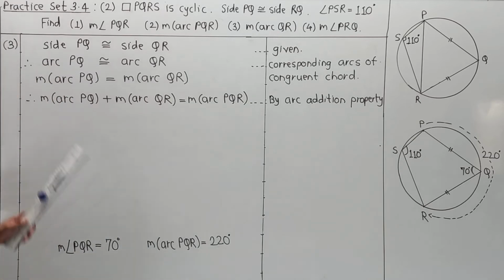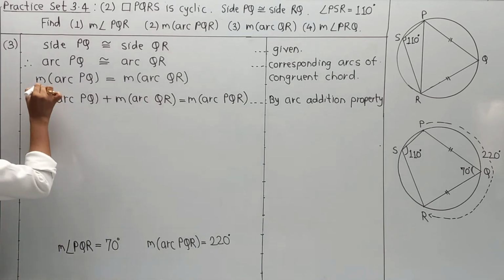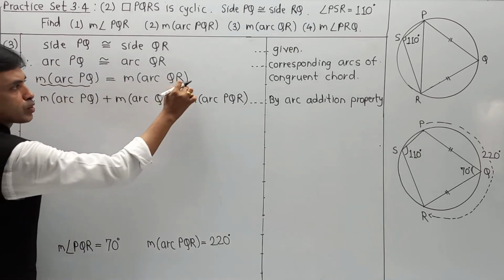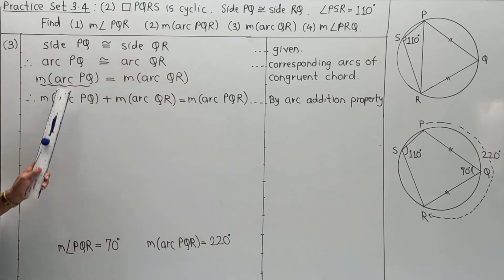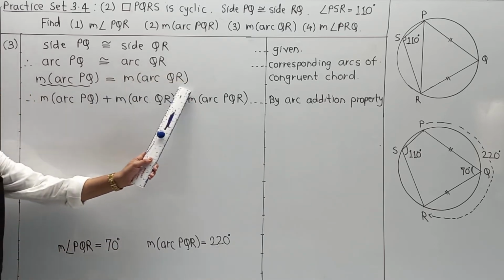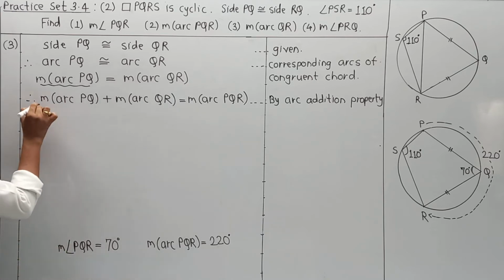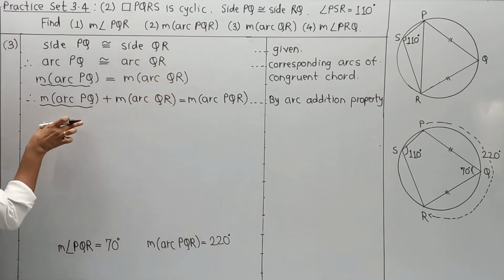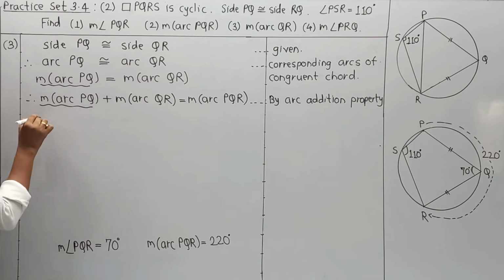So the part is, now we know that major arc PQ is equal to major arc QR. Replacing this major arc PQ by QR over here, so I am going to replace this PQ and writing major arc QR over here.